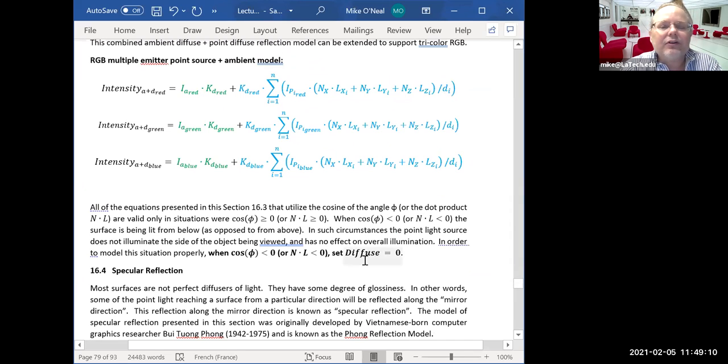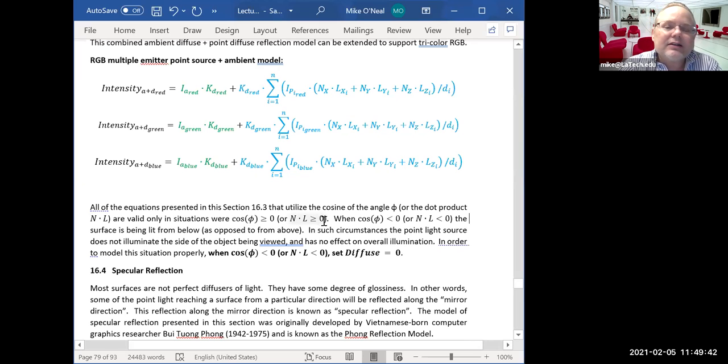If this thing comes out to be negative, if your n dot L gives you a negative number, it means that you're being lit from below, and so normally that's not going to do anything because the light source isn't hitting the surface that you're looking at. And so in that case, we can set the diffuse to 0 for the lighting there, since it's being lit from below.